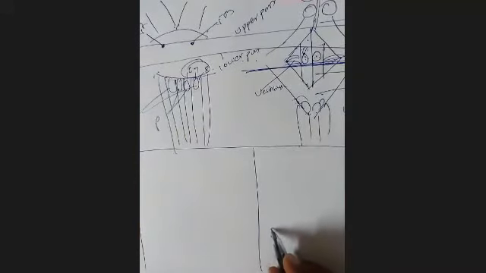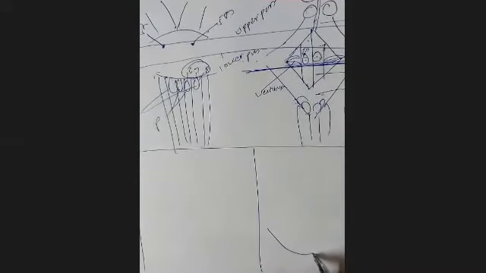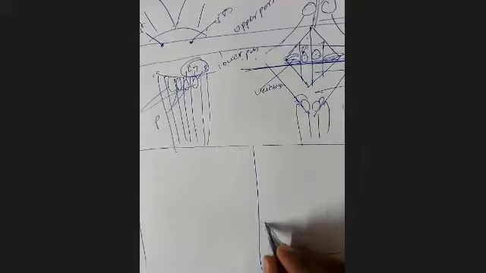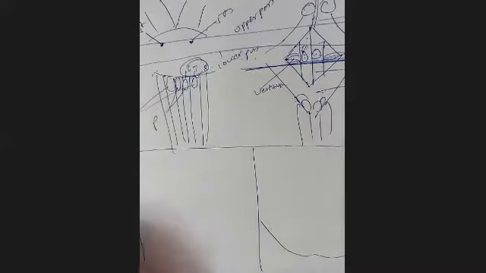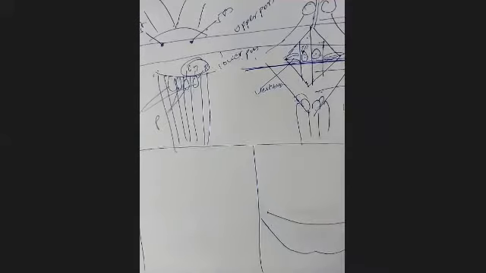Whether the section goes through the upper pons or through the lower pons, the pons has a basilar portion. This basilar portion is common for both the section from the upper part of the pons and the section from the lower part of the pons.